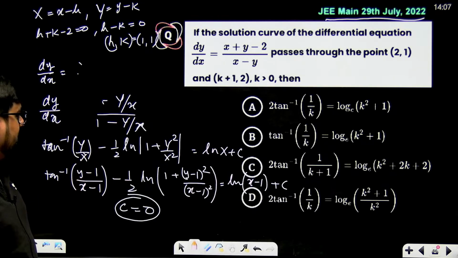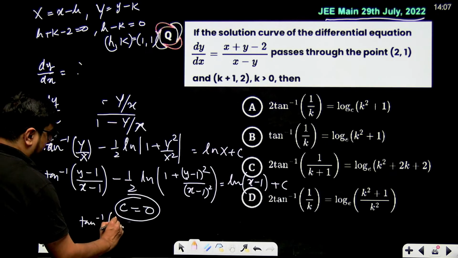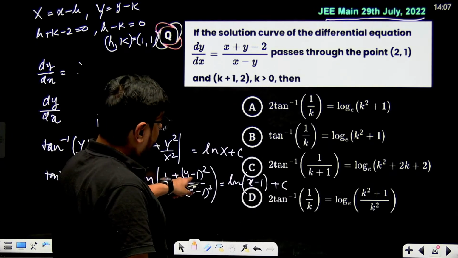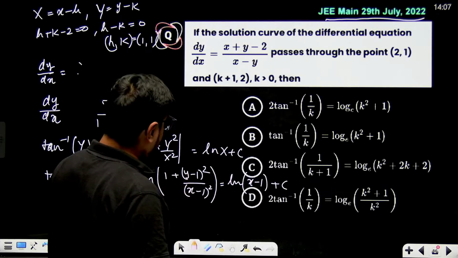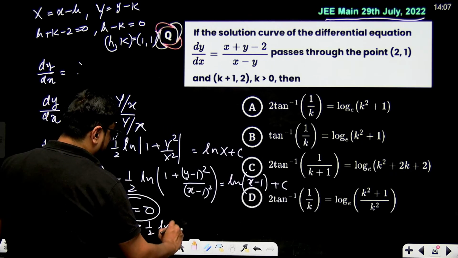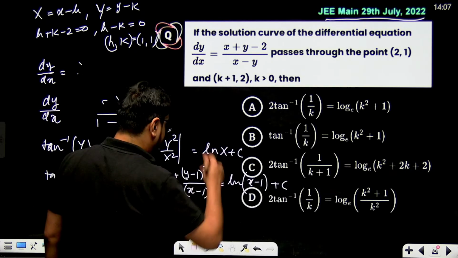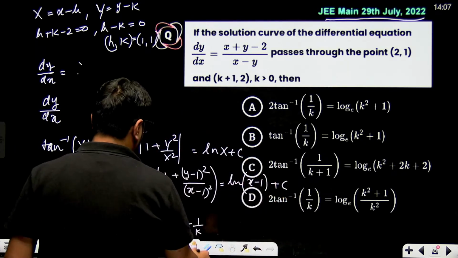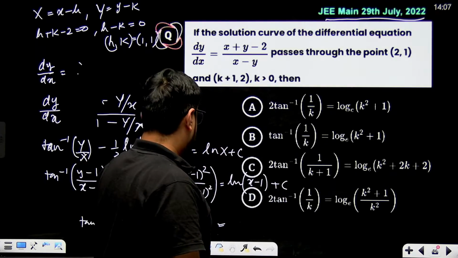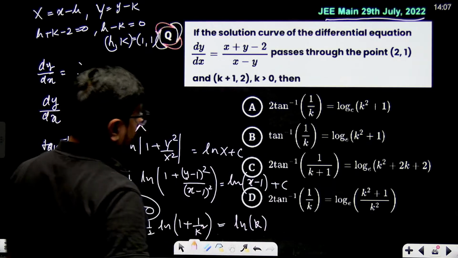This will become tan inverse of 1 by k minus half ln of 1 plus 1 by k square, equal to ln of k plus 0.